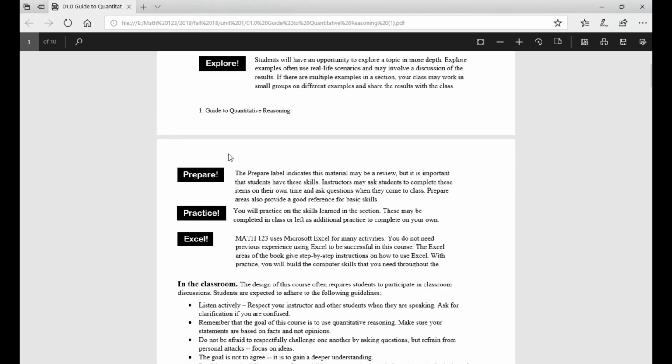Prepare, there's a few sections that actually have prepare listed in there, and that's where it refreshes your memory on a basic skill. So there might be something in here like, here's a reminder on how to convert a fraction to a decimal to a percent. Practice, there's practice problems at the end of every section.